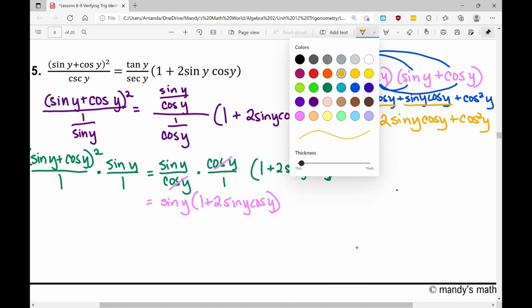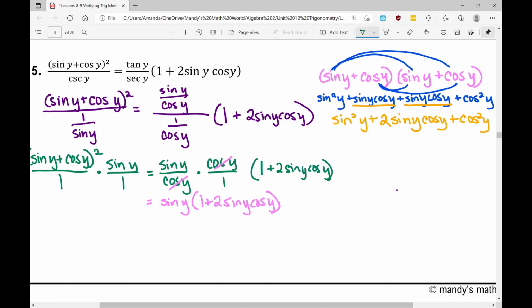Okay, what are we going to do at this point? Now, this is all addition, which means it's commutative, which means it doesn't matter the order in which I add. So could I rewrite it like this? Would that be okay? Would that still be the same amount? Sure.